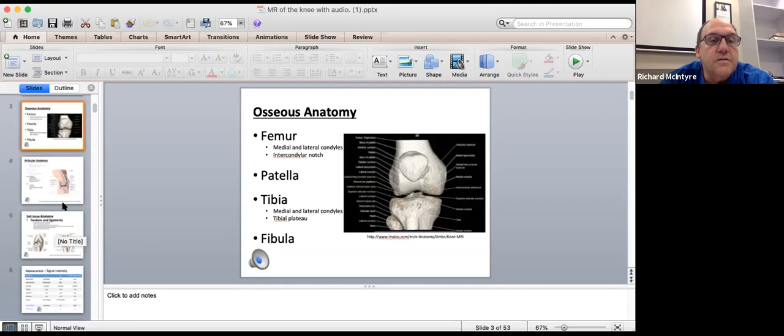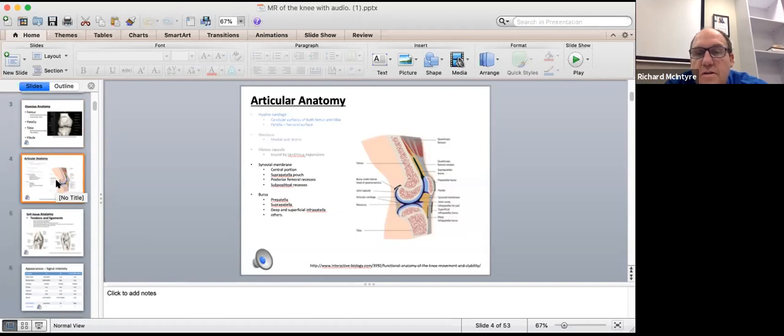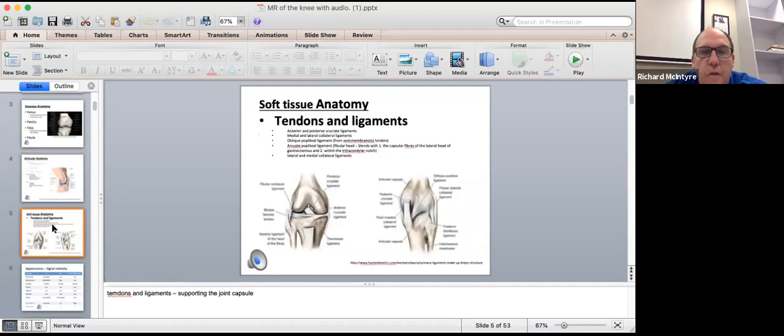You don't need to study because you've studied them 3 times already. Articular anatomy, so you've got the ligaments, the tendons, the cartilage, the structures around it, the synovial fluid, and you've got soft tissue anatomy, so tendons and ligaments.